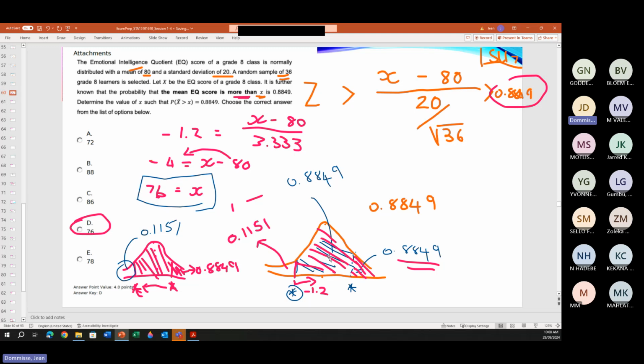It lies on the left-hand side. Then again, if my Z is negative, that means that the top part must be negative. So the only way that can happen is that my X is smaller than my mean. Okay, so again, that would have been something that I would have looked at to say, okay, well, X must be smaller than 80, so all three of those could have been answers.